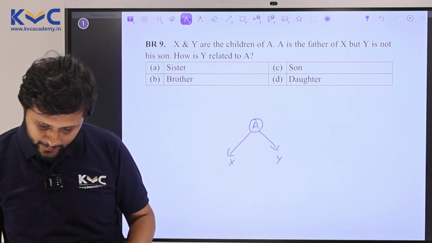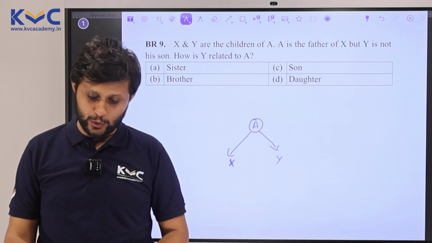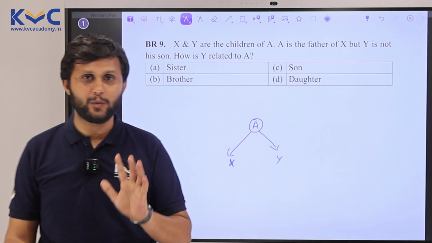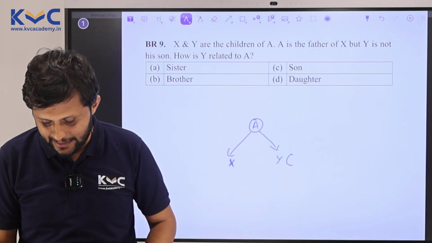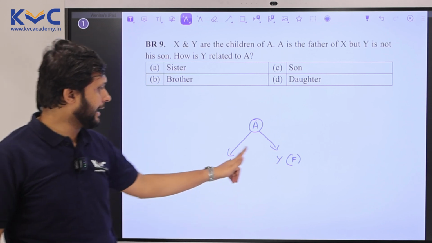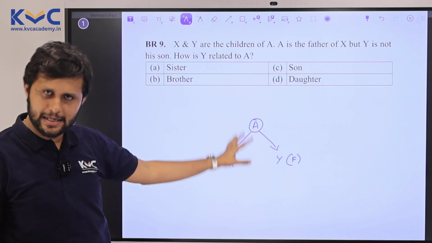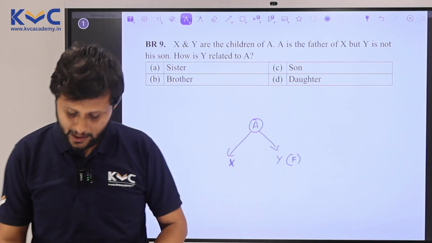He is the father of X. Okay. Y is not his son. So if Y is not son, that means this person is female. Within bracket I have written F. But they said they're children, right? Okay. So F I have written.